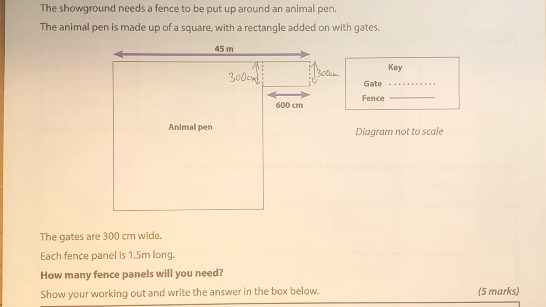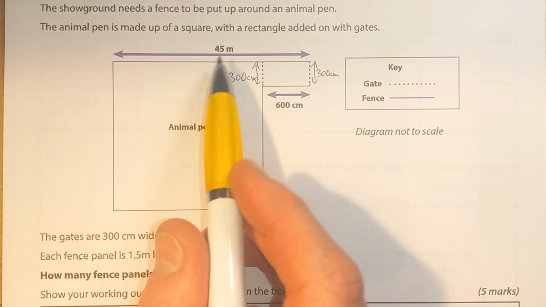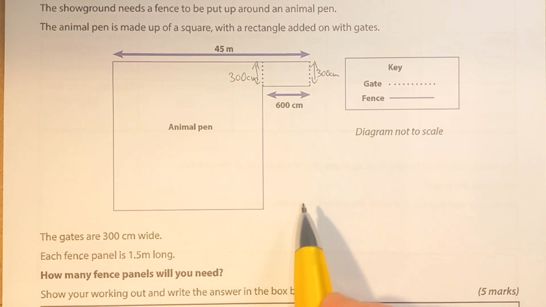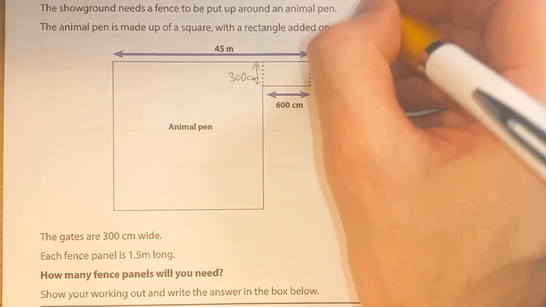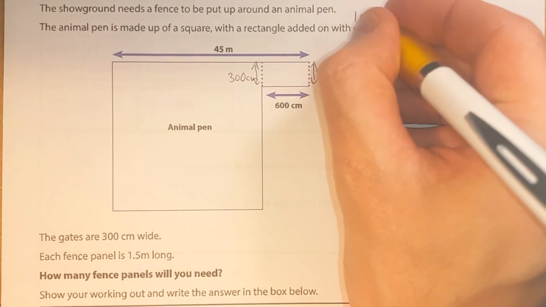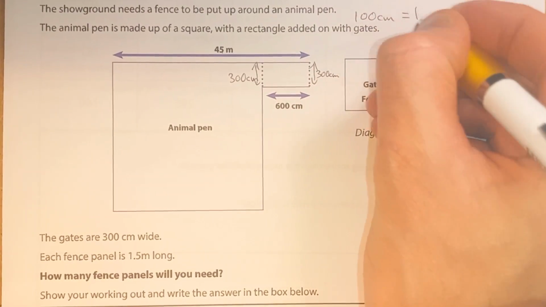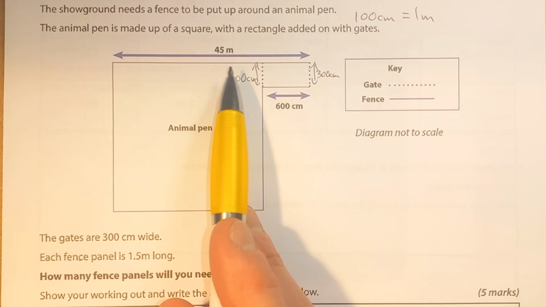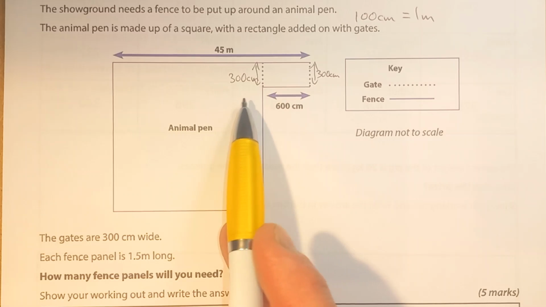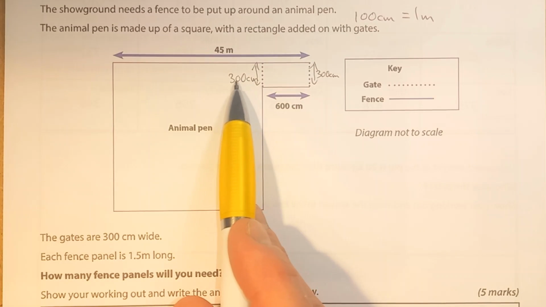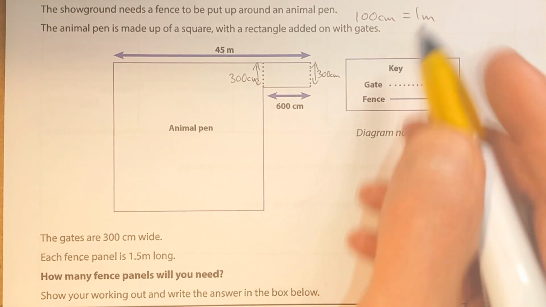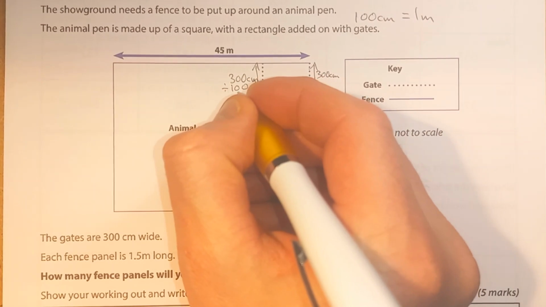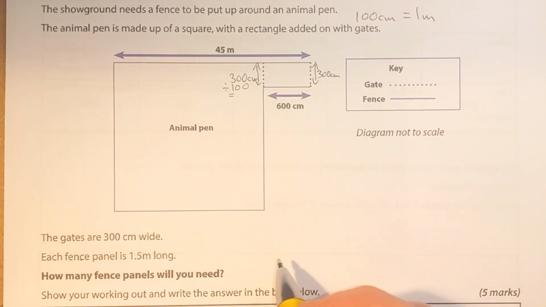Now the first thing you should notice is we've got some measurements in metres and some in centimetres. So I know that we've got 100 centimetres in 1 metre. So I'm going to convert. Now, we could convert the metres into centimetres, but we're going to end up with lots of zeros. Because we've got 2 zeros on the end of these, I'm going to say it's going to be easier to divide by 100 to get our measurements in metres.